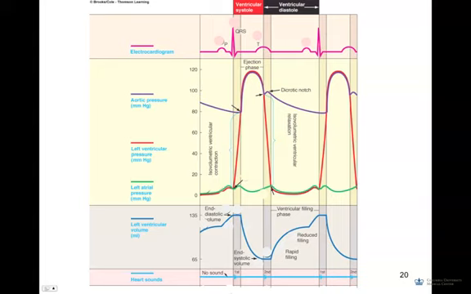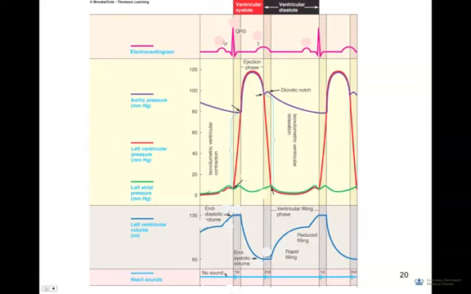At the very top, we have the largest division of time, which includes ventricular systole, or contraction of the ventricles, and ventricular diastole, or the resting phase of the ventricles. We're going to walk through this one step at a time and talk about each of these different events.